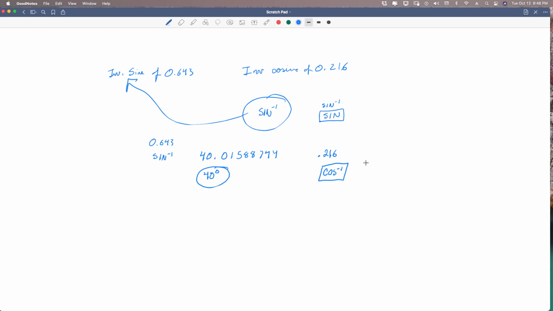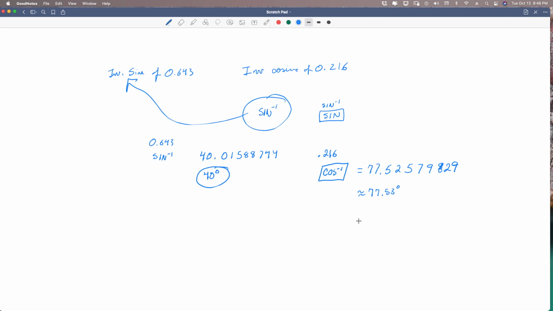And that gives me 77.525798929. And if I round this up to the smallest little digit here, that gives me approximately 77.53 degrees if I round it to 2 decimal places.